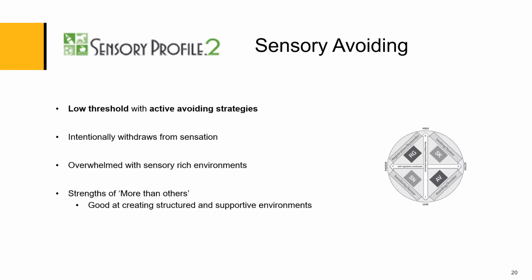Sensory avoiding will have that low threshold and active avoiding strategies. They will typically intentionally withdraw from sensation and be overwhelmed with sensory rich environments. However, their strengths will be more so around creating that structure and supportive environments that help them to not have these uncomfortable experiences.